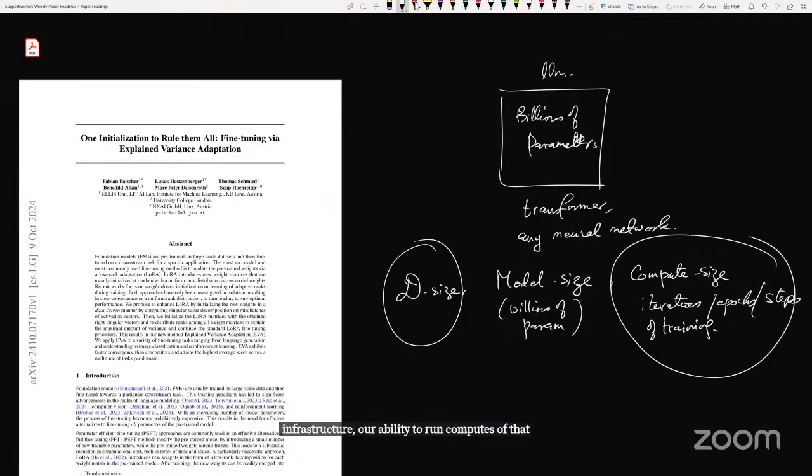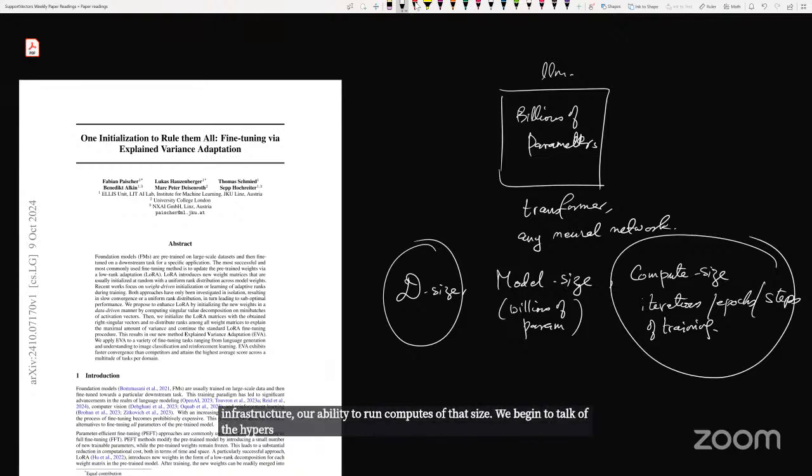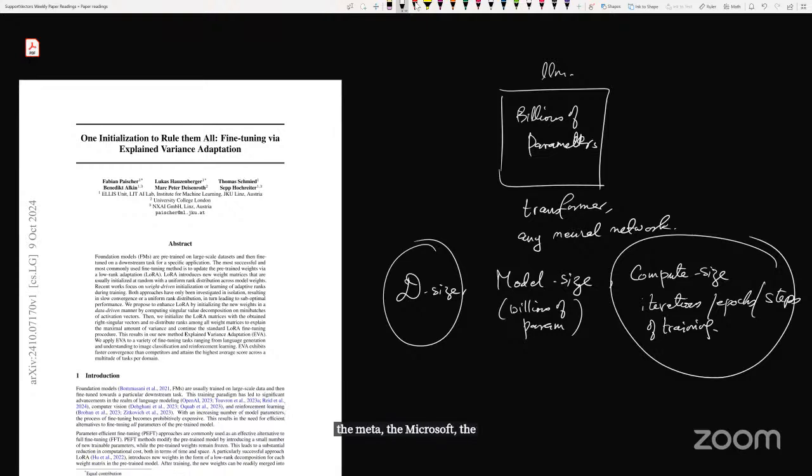We begin to talk of the hyperscalers. We begin to talk of the Googles, the Meta, the Microsoft, the OpenAI, and the X and whatnot of the world. And these are very select few people who alone can train these models.